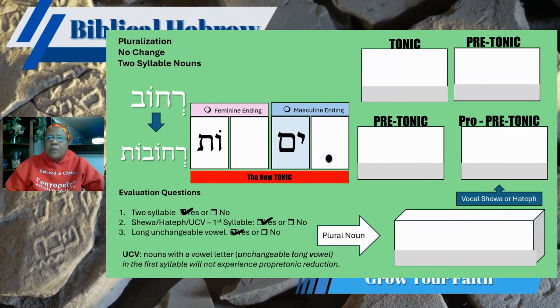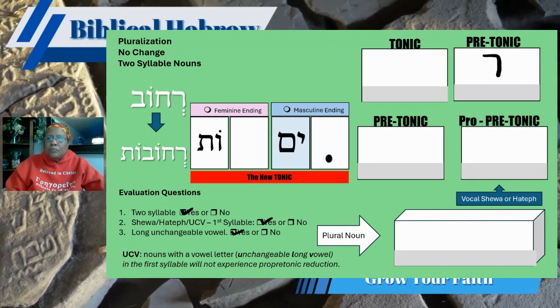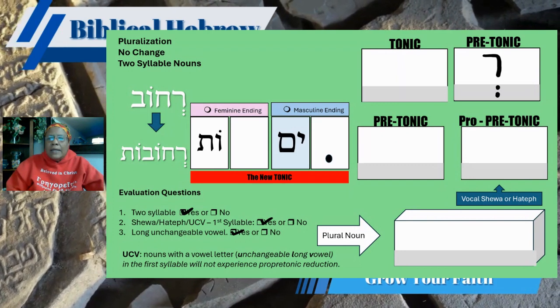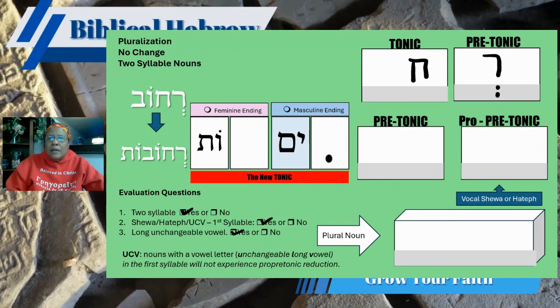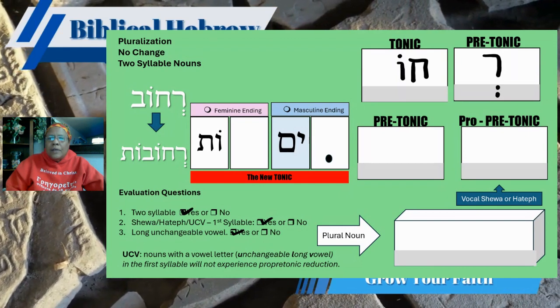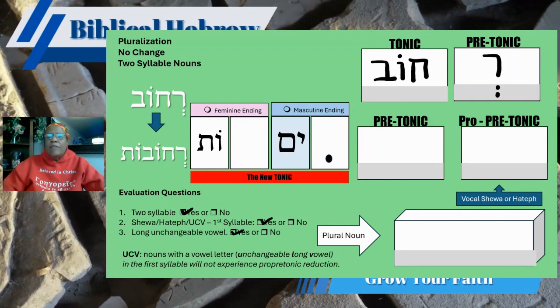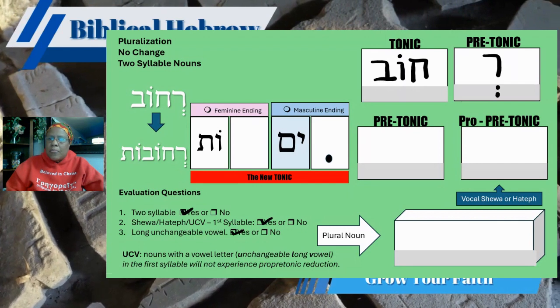The pretonic here is the resh with the schwa. And then the tonic is the chet with a hataf vav and a begadkefat letter vet. And we know it's vet because there's not a dagesh in the middle there.